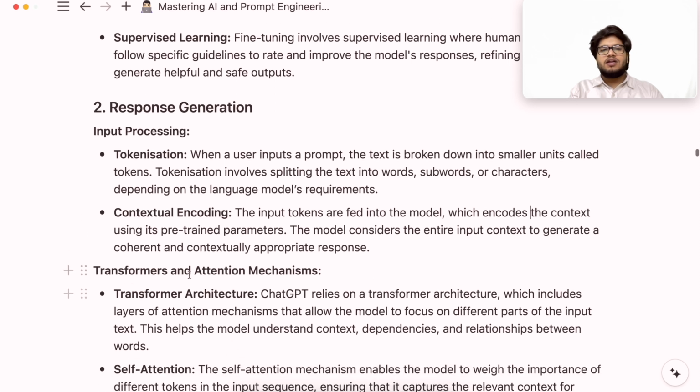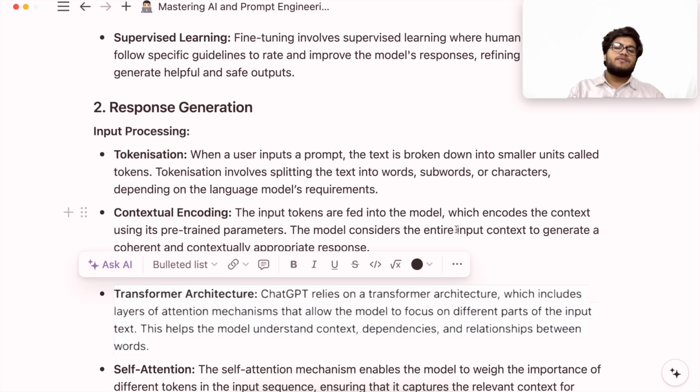Now what happens? Transformer and attention mechanisms. In the first lecture we discussed neural networks and neural network architectures. As we discussed there, ChatGPT works on the transformer architecture. ChatGPT relies on a transformer architecture which includes layers of attention mechanisms that allow the model to focus on different parts of the input text.